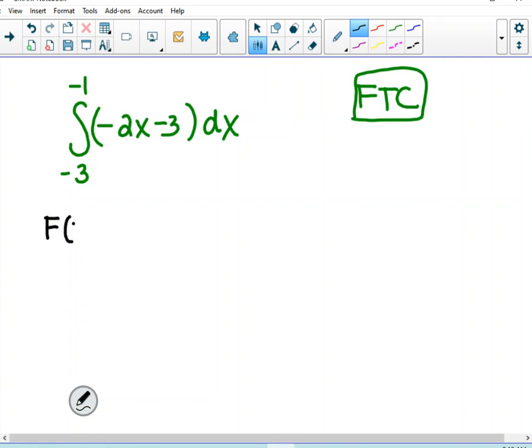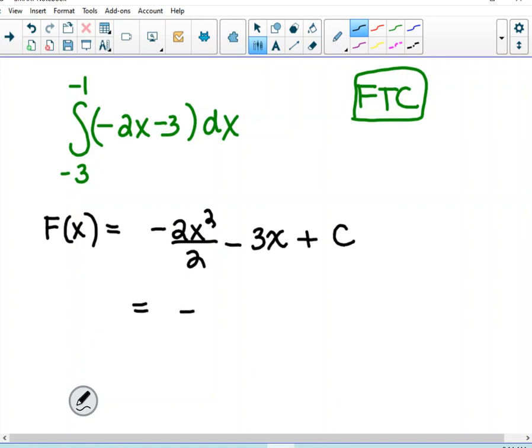All right, so big F of x is -2x squared over 2 minus 3x plus c, which I would definitely clean up into -x squared minus 3x plus c. Definitely not going to work if I put a -1 up there instead.